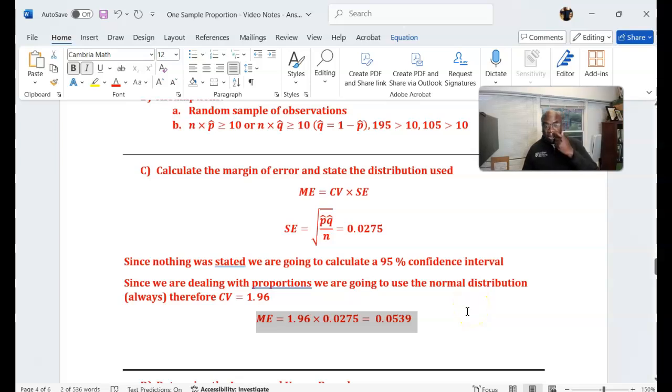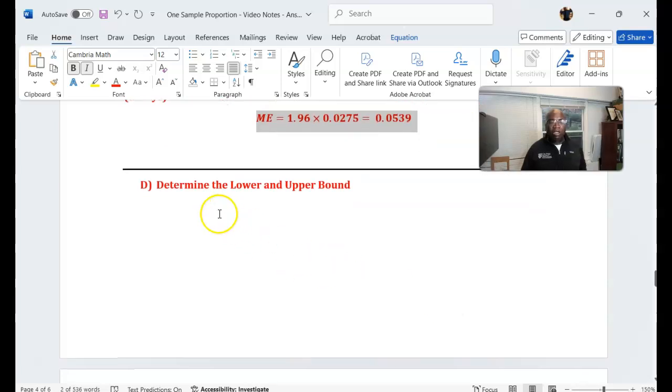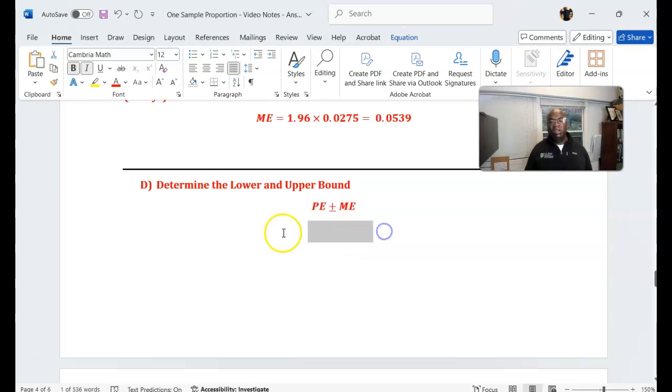We can then use this number to find our lower bound and upper bound. The equation is: point estimate plus or minus the margin of error. This could also be re-expressed as the point estimate plus or minus the critical value times the standard error.